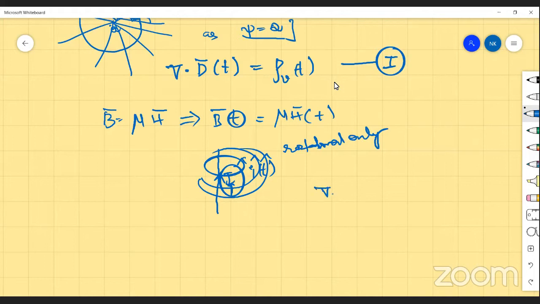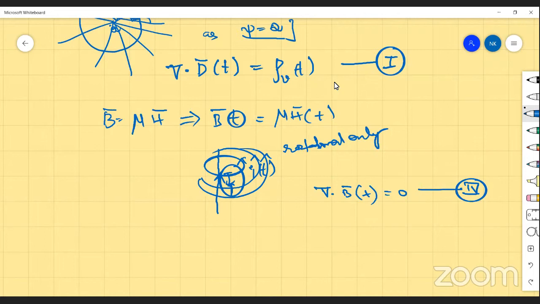So that's the concept: del dot B bar of t is equal to 0. This is the fourth Maxwell's equation. We are trying to find the divergence of a rotational quantity, the curl of H bar, which is purely rotational here. That's very important. That's the basic concept.